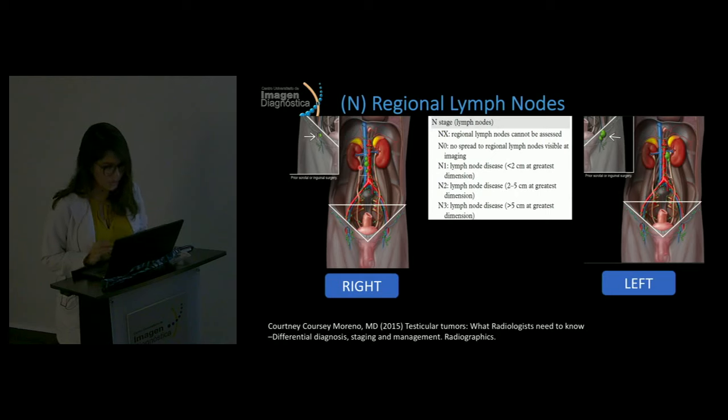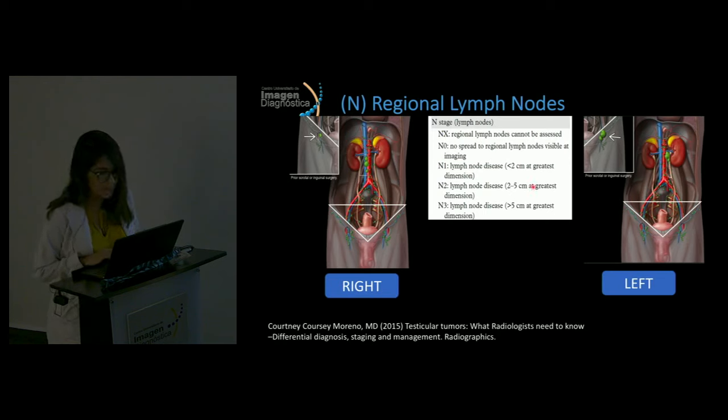So there's a very characteristic type of dispersing of these tumors depending on the site of the tumor, right or left. The left tumor of the testicle typically spreads first to the left paraaortic lymph nodes, just below the renal vein.